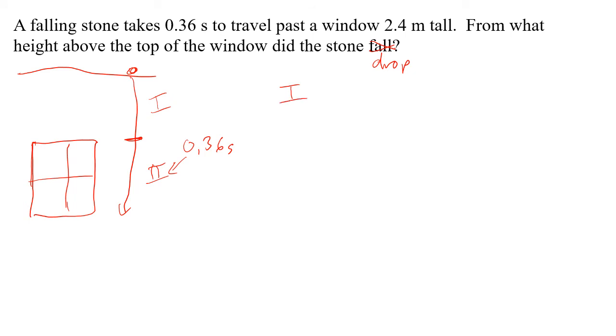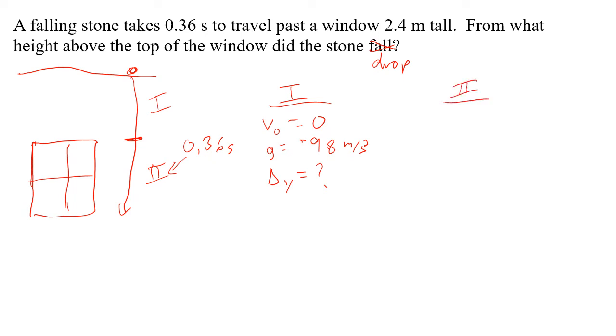So what do we know about part 1 if it was dropped? That g equals negative 9.8 meters per second squared. VO equals 0. And we're looking for delta y in this, but we don't have anything else. We're going to have to use something from part 2. The t is for part 2, so t is how long it took to travel past the window.